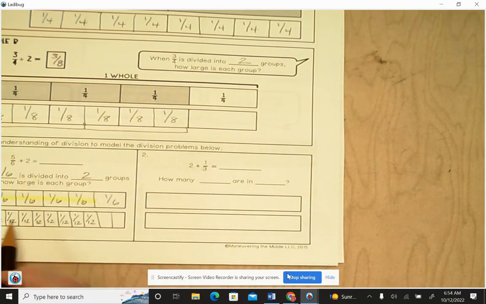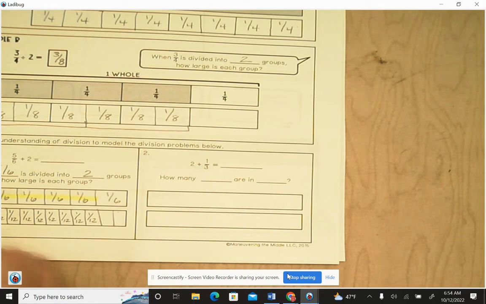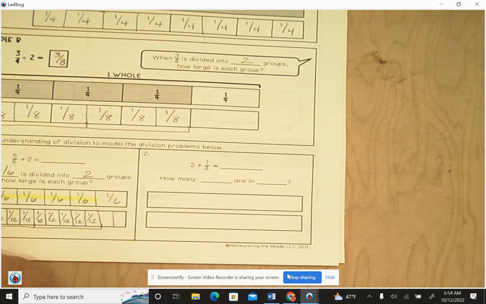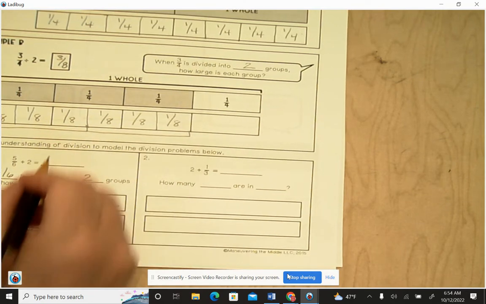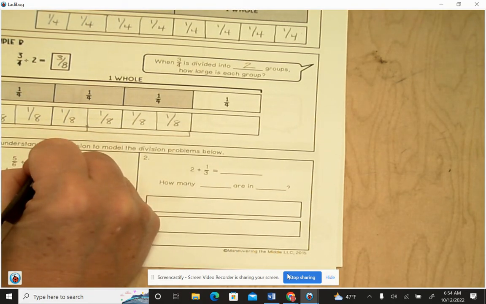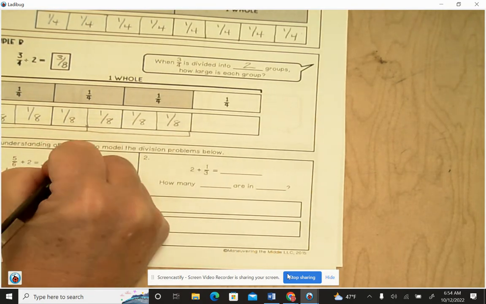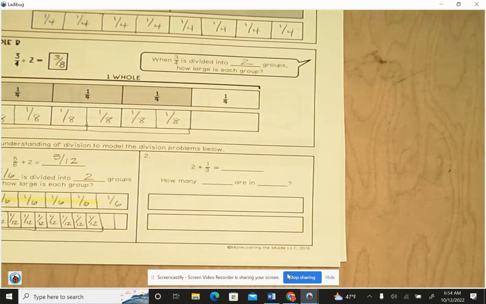Okay. And then we're going to take this and divide it into 2 groups evenly. So half of that is going to be 1, 2, 3, 4, 5/12. So 5/6 divided by 2 is 5/12.